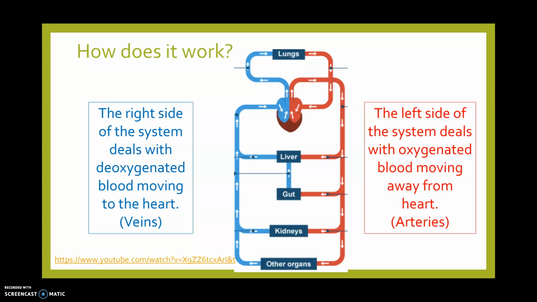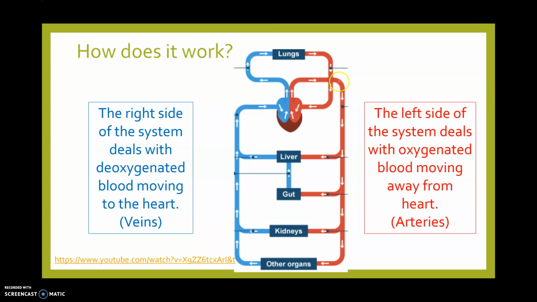If we start here at the right side of our heart, we're going to be moving up to the lungs. These lungs are going to have a transfer of oxygen. Oxygen is going to come to the blood and carbon dioxide is going to be dropped off in the lungs to be exhaled. Then that oxygenated blood from the lungs is going to come back to the right side of our heart here.